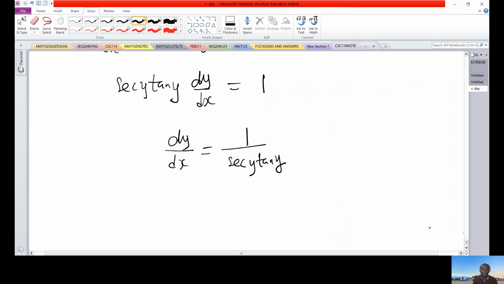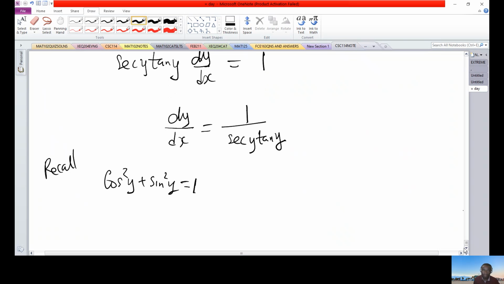And then you remember that cos squared y plus sine squared y equals 1. To get a sec, we divide by cos squared y.